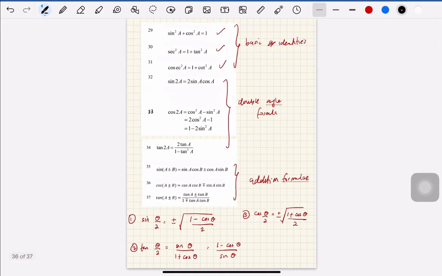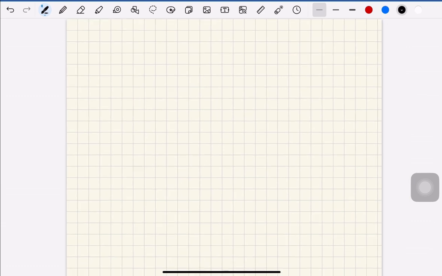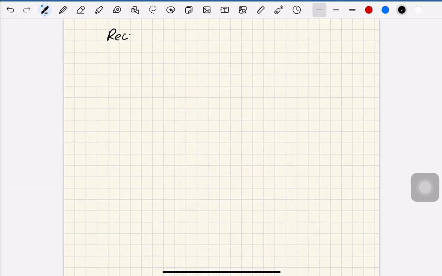Aside from this, you also have to memorize the reciprocal functions. We have 3. First one is 1 over sine x, also known as cosecant of x.